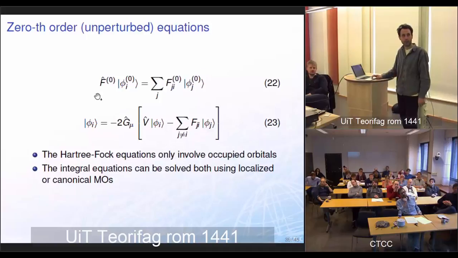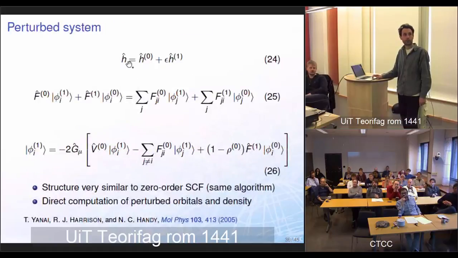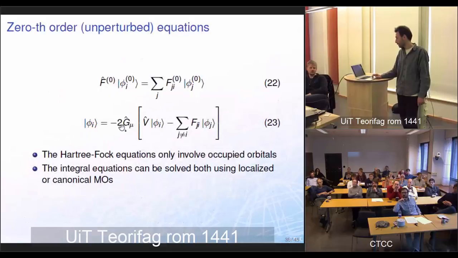So this is just the usual Kohn-Sham equations that we then reformulate in this integral form to solve. And then you just perturb this. You just add a small perturbation, and what you get is an analogous equation that now gives you the perturbed set of orbitals. So you see the features of the equations are similar. Here you have the orbitals, this Green's function, the potential applied to the orbital, and then something that depends on the Fock matrix.